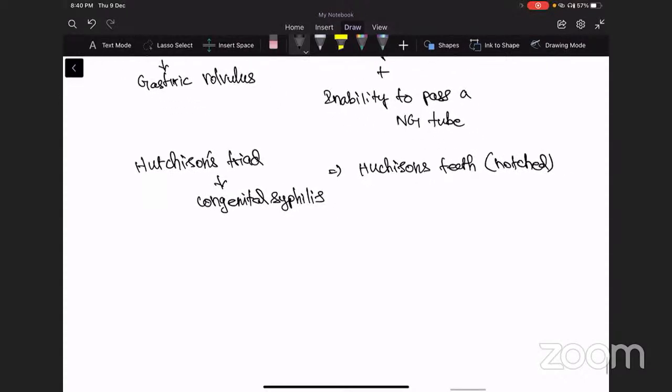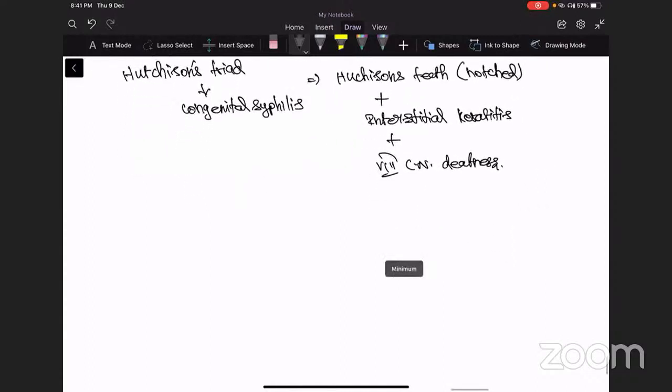Mainly the upper incisors will be involved. Hutchinson's teeth with interstitial keratitis with 8th cranial nerve deafness. Hutchinson's triad.